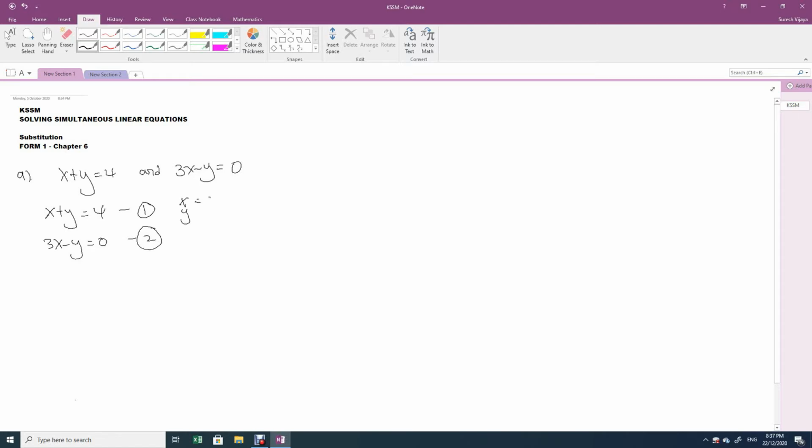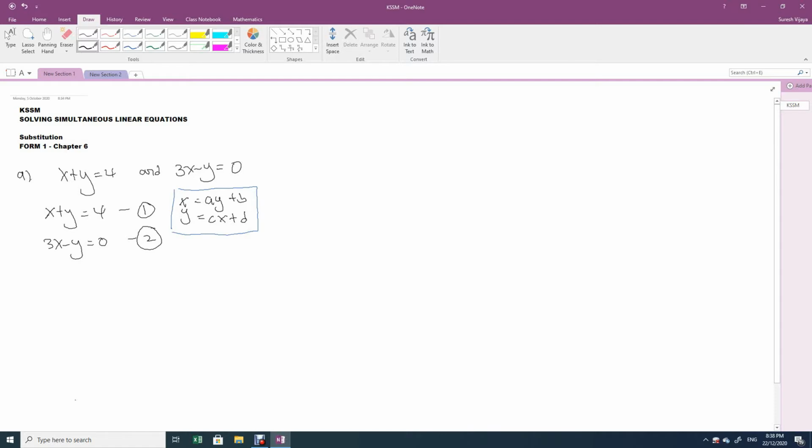Let's say x, we need to make it as ay plus b, and y, we make it as cx plus d. Similarly, equation 2, you have to transform to one of this form. So let me circle this. This is what we are looking at. Either one of the equations, we need to transform to this form.